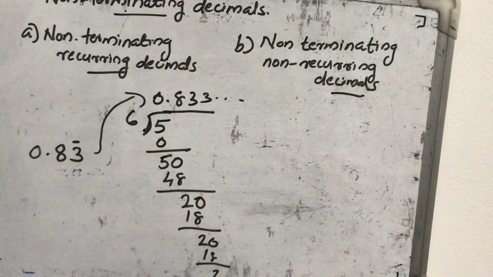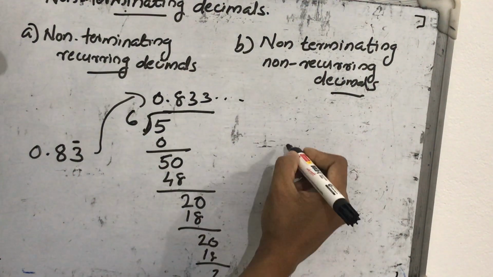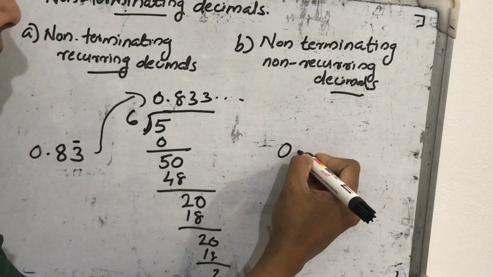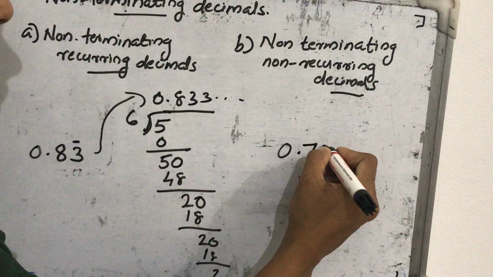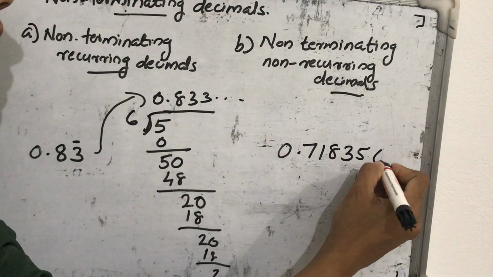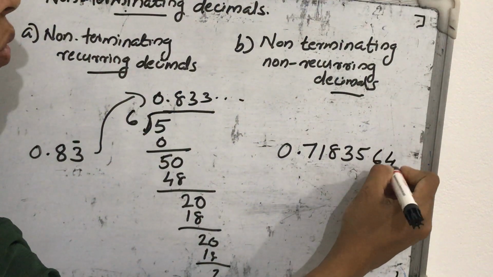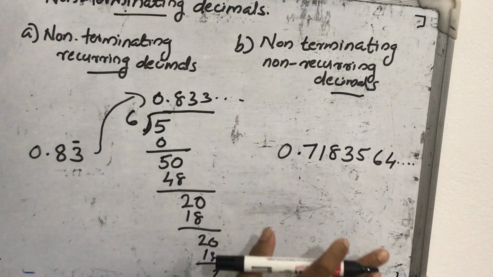And another case is non-terminating non-recurring decimals. For this type of decimal, let me check an example. One decimal number I am writing: 0.718356. Here also there will not be any end.